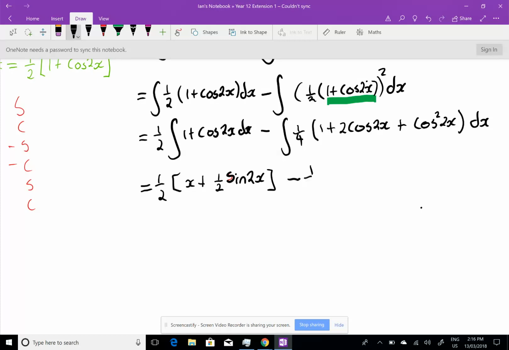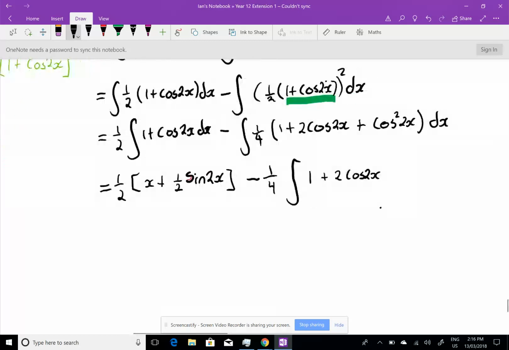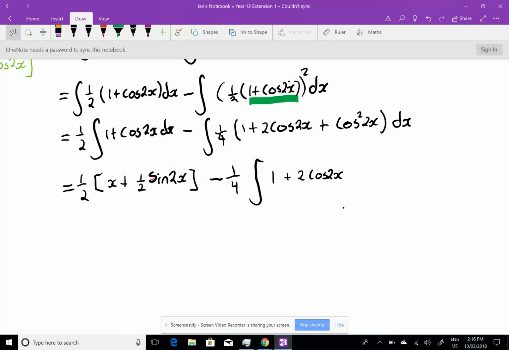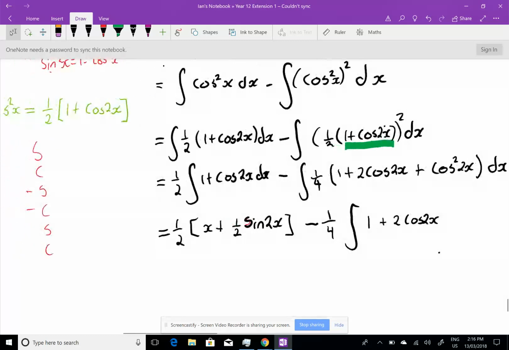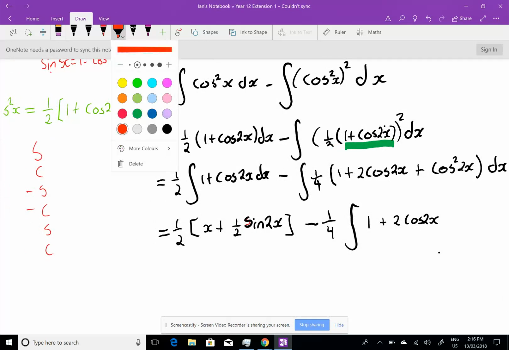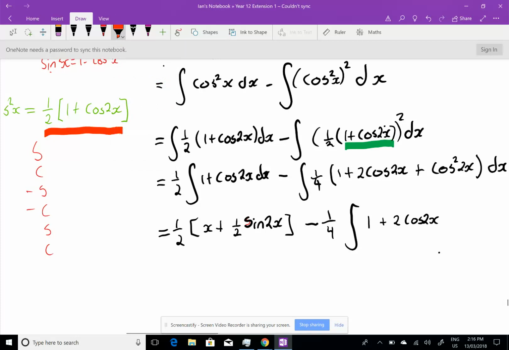Now I'm going to take this quarter out. And I've got 1, that's easy enough to integrate, plus 2 cos 2x. And then here I've got this cos squared 2x. Now, if I look here, cos squared x is a half of 1 plus cos 2x. So I am going to rewrite this here, just for that little bit. But my x is now going to become a 4x.